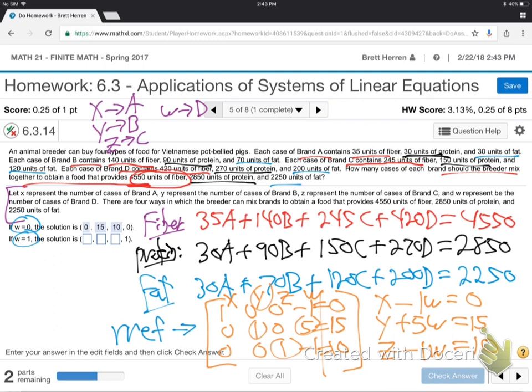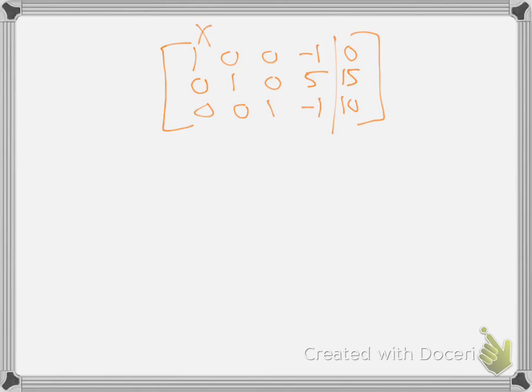Now, let me go to a fresh screen here. Let me just write it again. 1, 0, 0, minus 1, 0, 0, 1, 0, 5, 15, 0, 0, 1, minus 1, 10. This is X, Y, Z, W, equal sign.